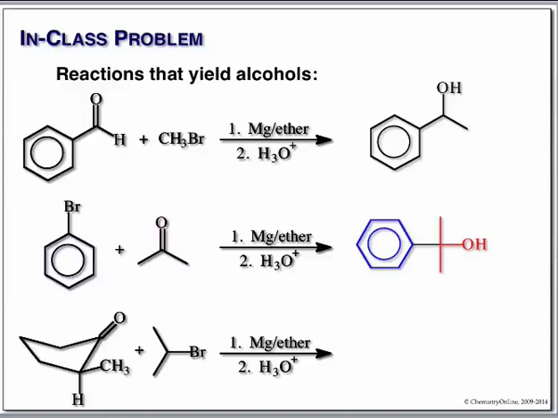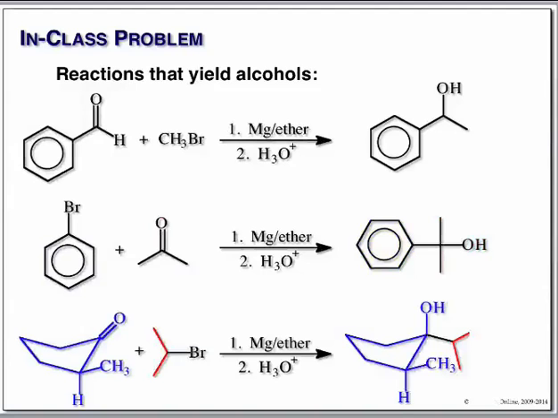Our last one here, we have a cyclopentanone with a methyl group adjacent to the carbonyl. We're going to once again generate carbanion character here on our secondary carbon. That's going to be our nucleophile. These are going to add, and we're going to form something like this.